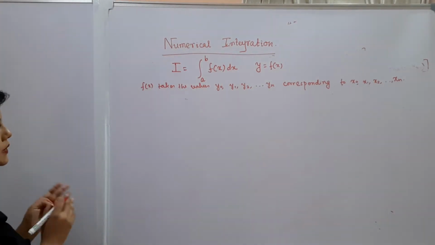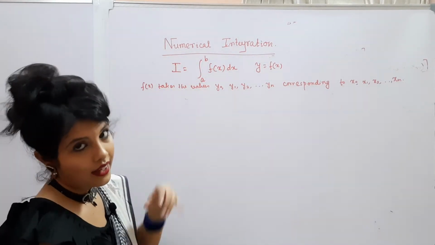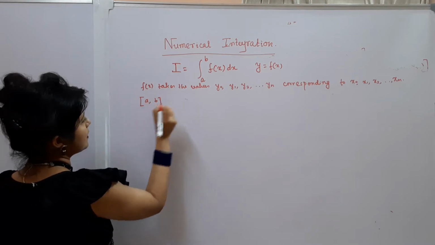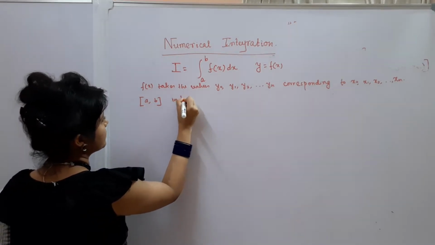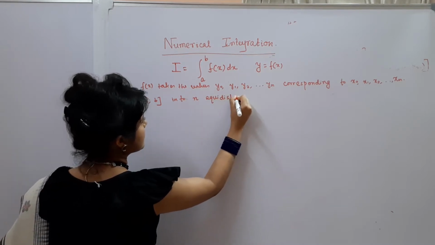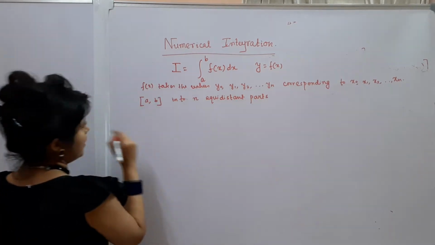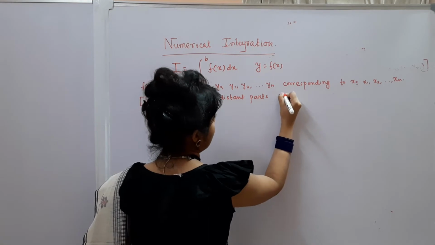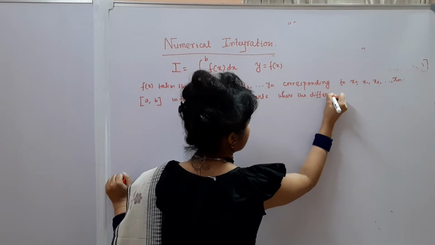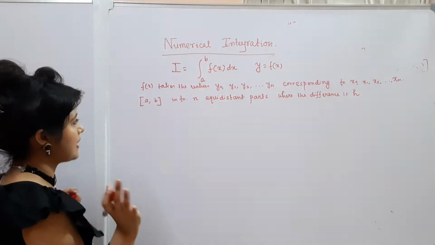So now the first part, that I have to divide this interval a to b into n equidistant parts, okay, where the equidistant difference is h, okay.